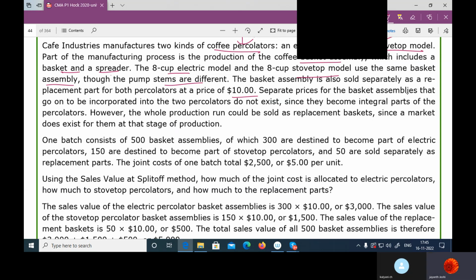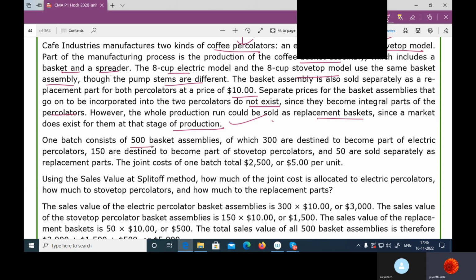Separate prices for basket assemblies incorporated into the two percolators do not exist, since they become an integral part of percolators. Actually, they have given so much vague, unnecessary information. However, the whole production run could be sold as replacement baskets, since a market does exist for them at that stage of production.